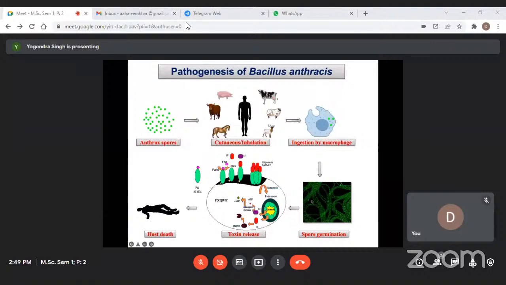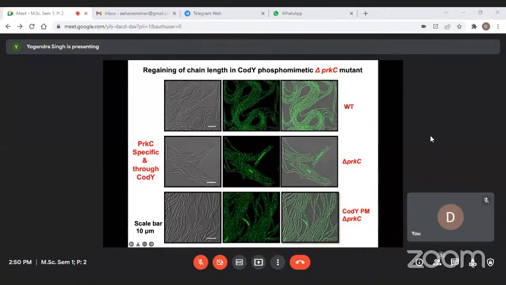And knocking out, you see here, it makes very long chains, green color. On the right side down, you see green color chains. It makes chain-like structures, very long chains. And we noticed that these long chains are regulated by a kinase. So pathogenesis of Bacillus anthracis, the anthrax-causing bacteria, is also through phosphorylation and dephosphorylation. As I said, I'm not going to tell you the detail, but you can see here, there was a wild-type bacteria with very long chains.